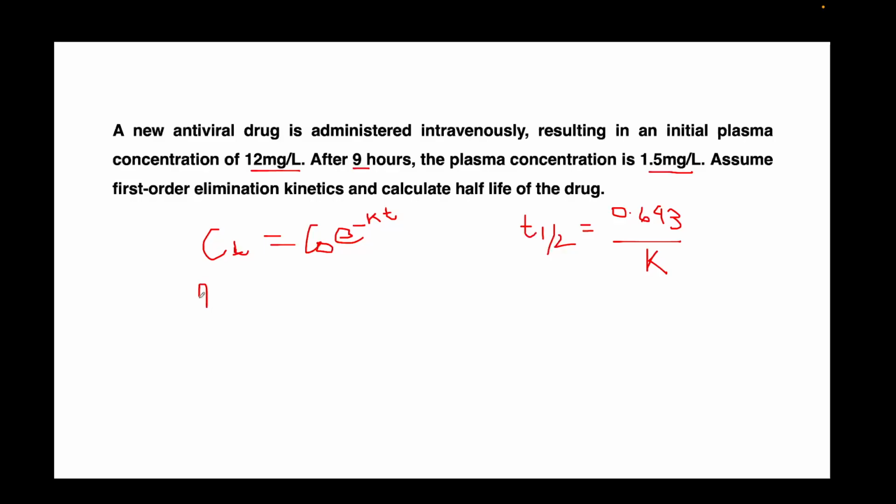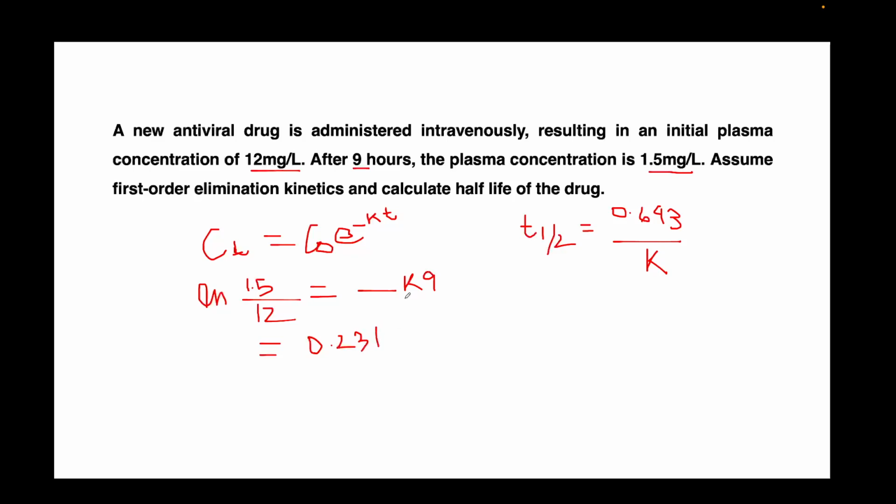So this will be basically ln Ct, which is 1.5 upon C naught 12, and this will be equals to minus K, which we have to find out, and T is 9 hours. So K is basically ln 1.5 by 12 by 9, which is approximately equals to 0.231.